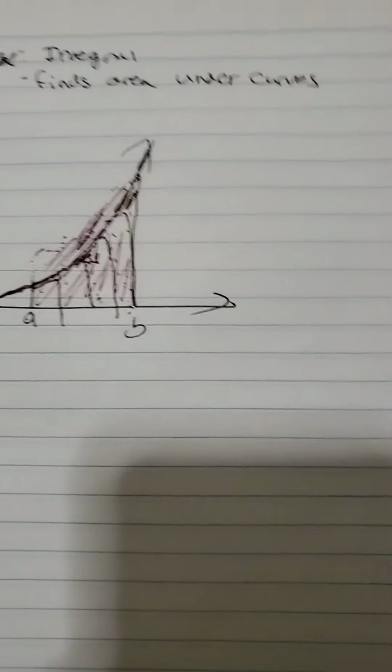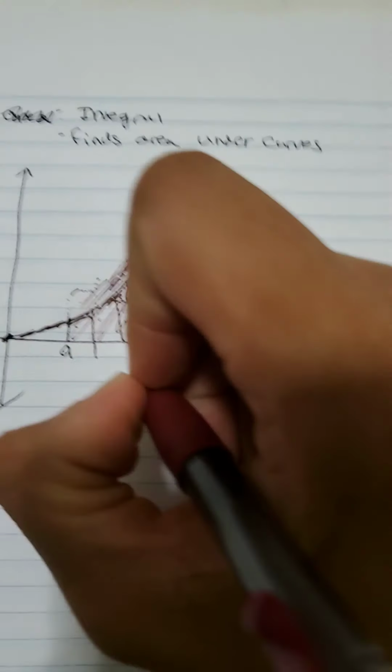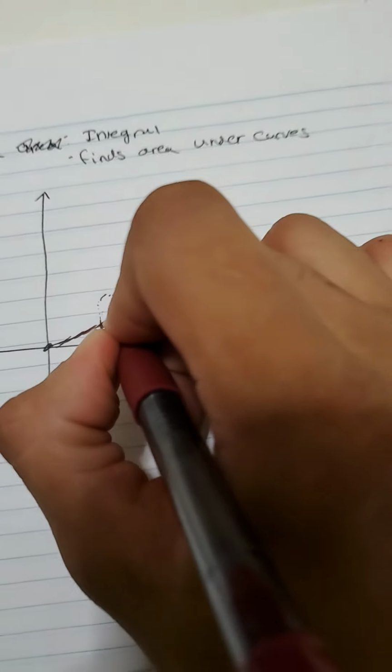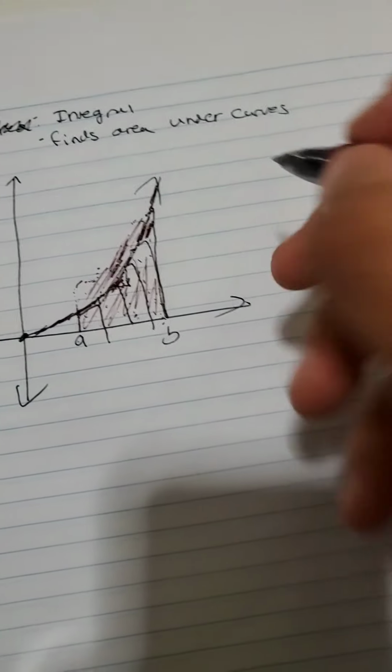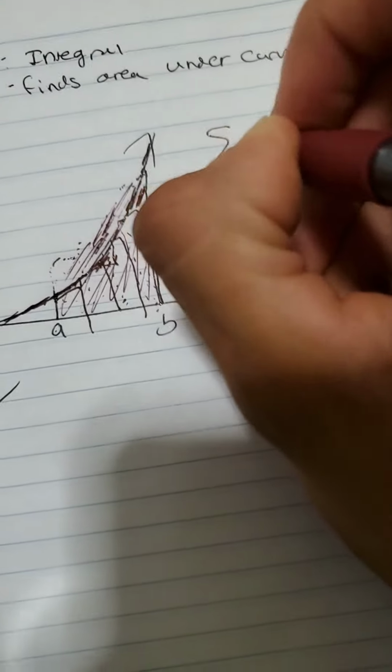So eventually, if we had more rectangles, the closer the approximation we get, despite there being some overestimate and underestimate. The more rectangles we draw, the better the approximation we get, and eventually it gets so small that we use the summation.